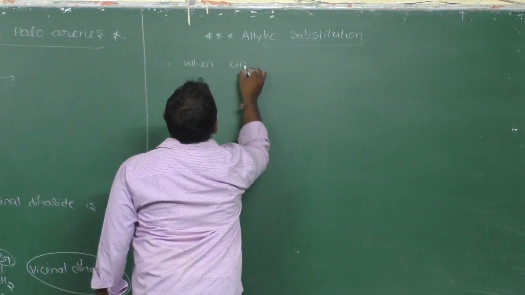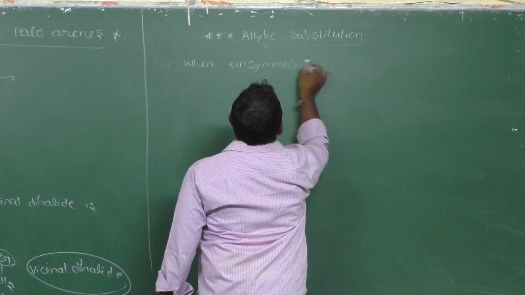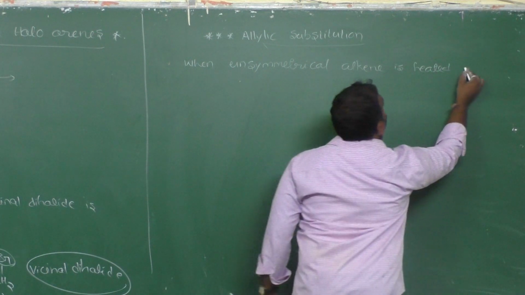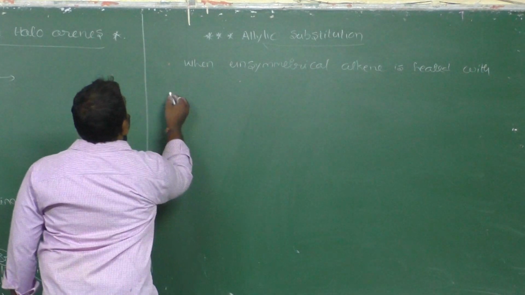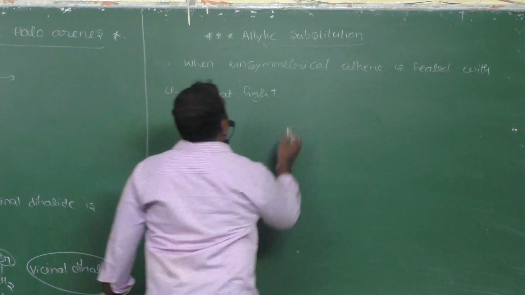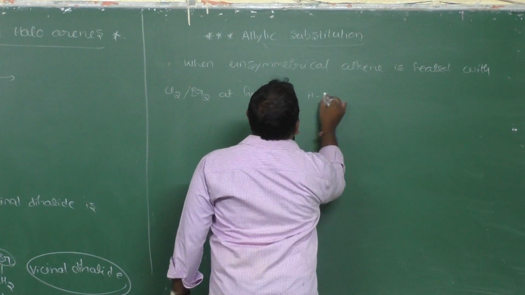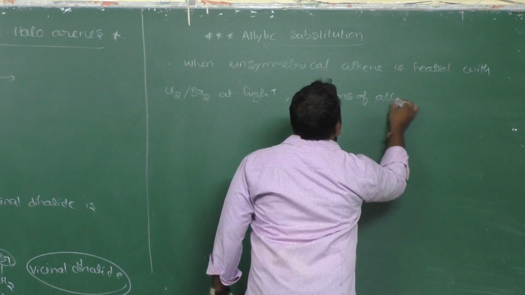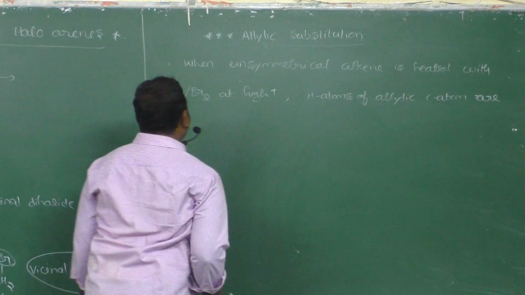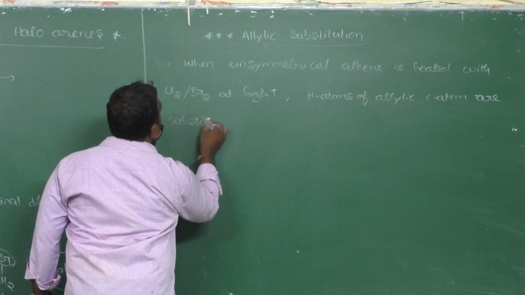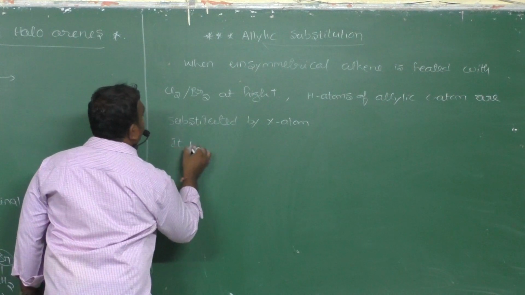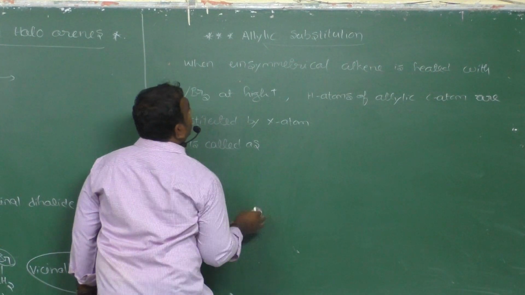When an unsymmetrical alkene is heated with chlorine or bromine at high temperature, hydrogen atoms of the allylic carbon are replaced, or substituted, by a halogen atom. It is called allylic substitution.